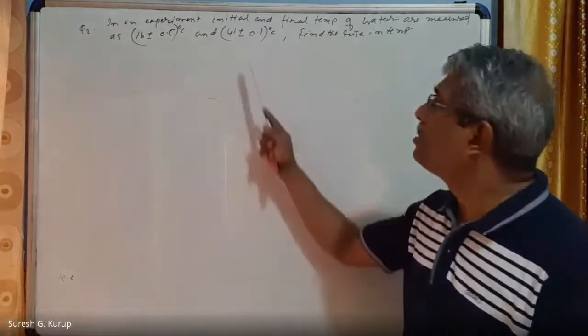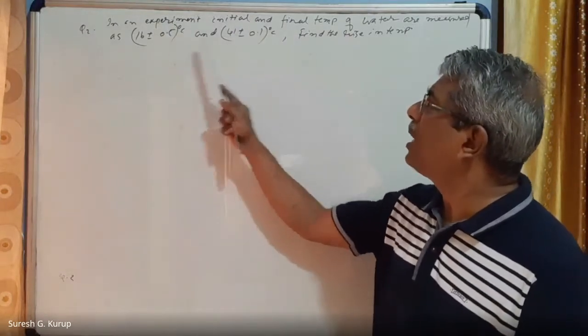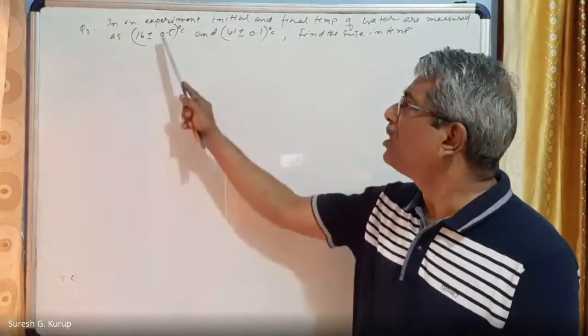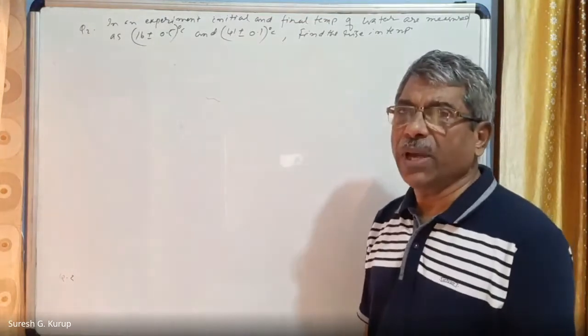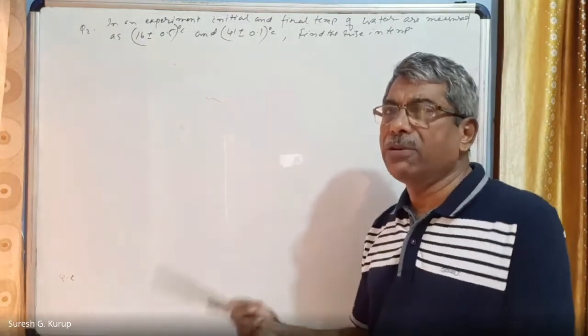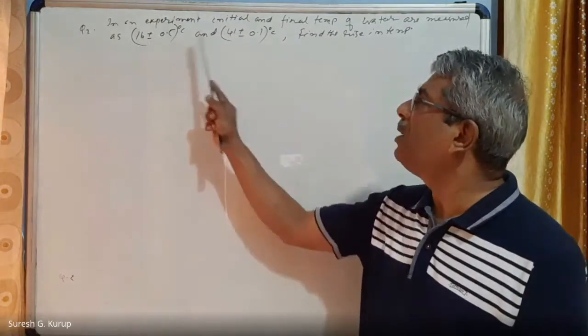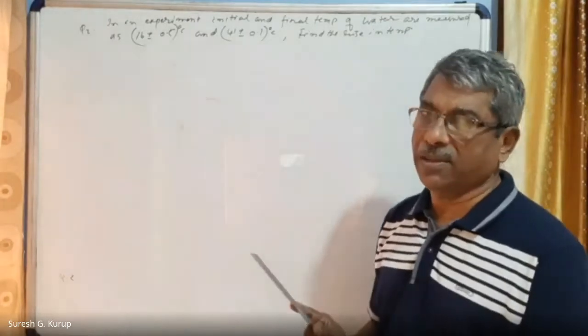Okay, it's also like this. This plus or minus that you see is the absolute error in the measurement. Initial temperature absolute error is this much, and final temperature is this much. So we have to find the difference in temperature. First of all, for the real values the difference is taken, and the absolute errors are added.